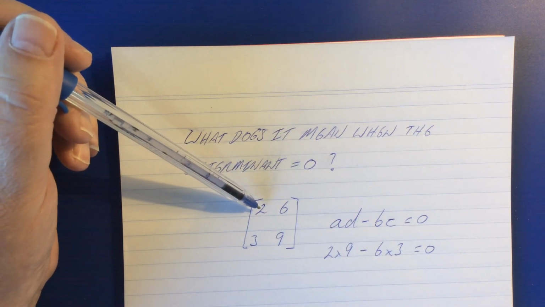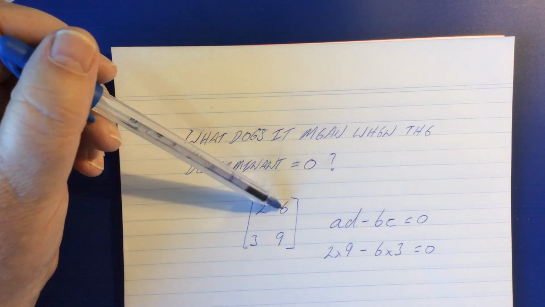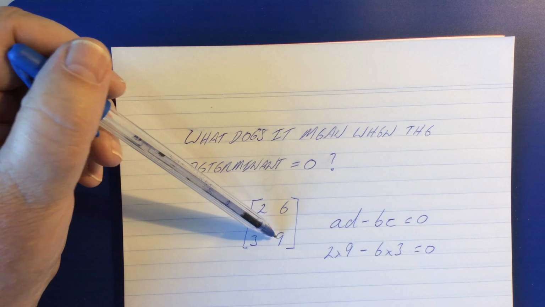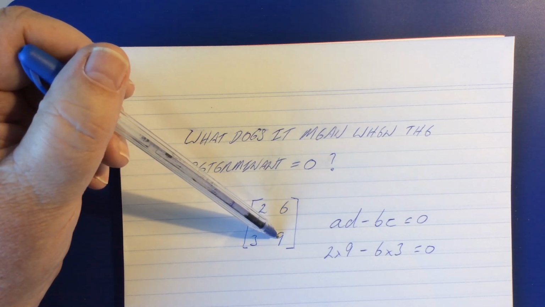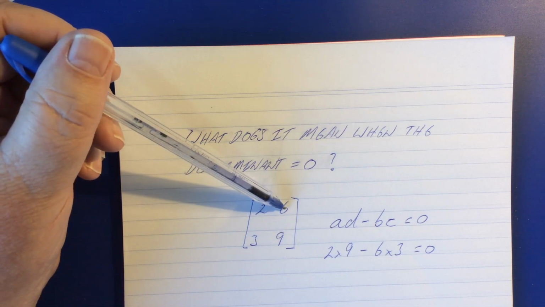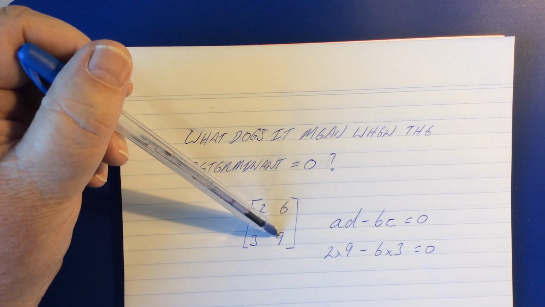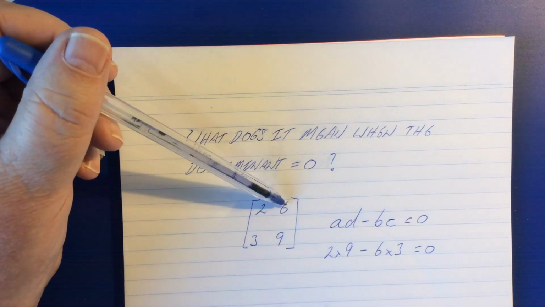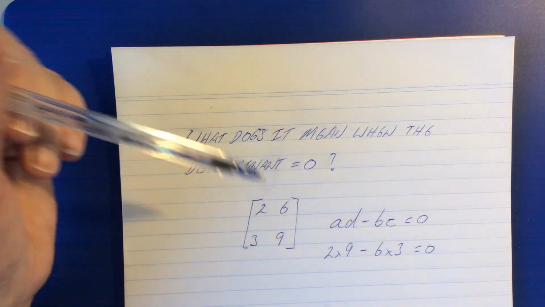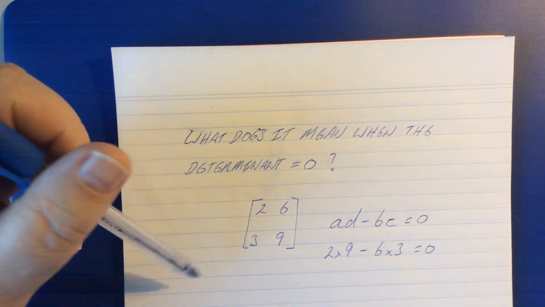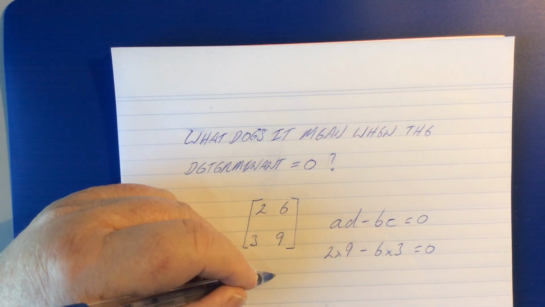If we were to label the numbers in this square matrix A, B, C, D, the determinant would be A times D minus B times C. So that would be 2 times 9, which you can see there, minus 6 times 3, and that would give us 0.